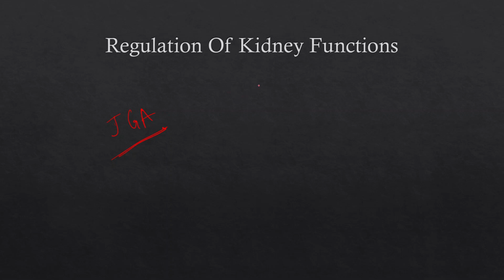It is the place where the afferent arteriole of the glomerulus and the DCT meet.